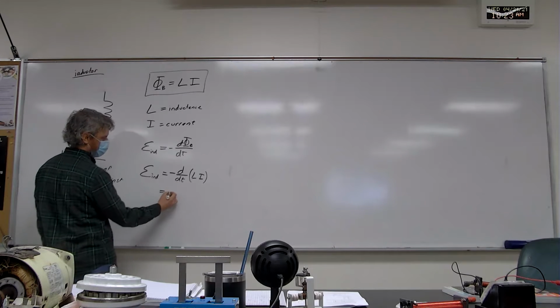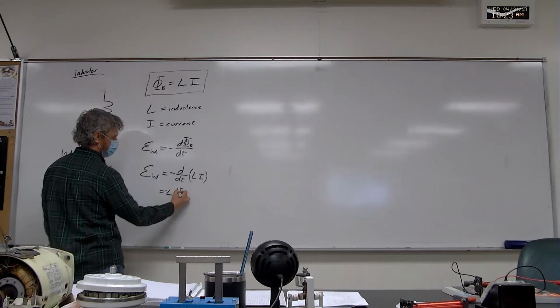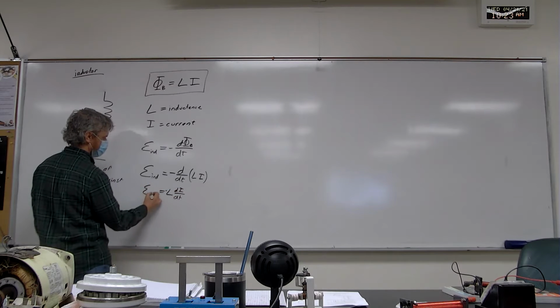And so L is a constant, so it's going to be negative L dI/dt. This is on the formula sheet.